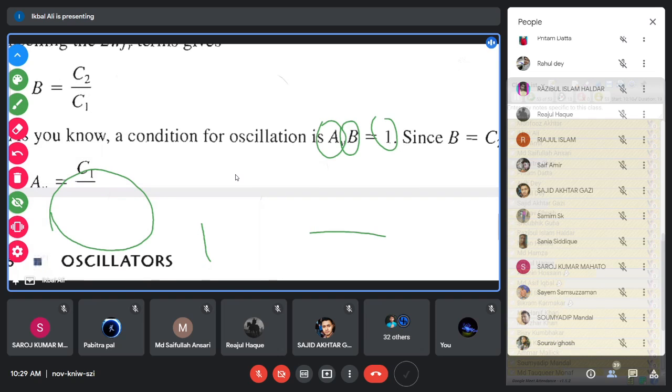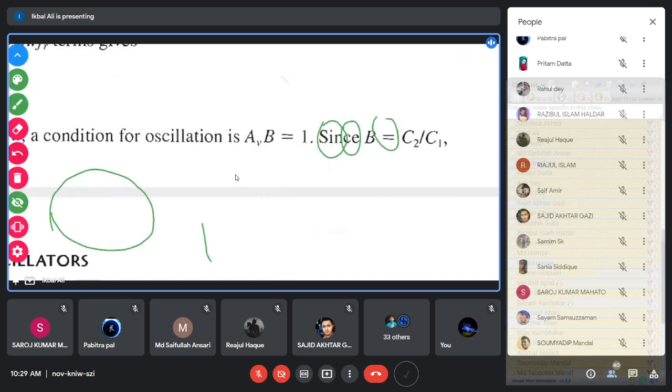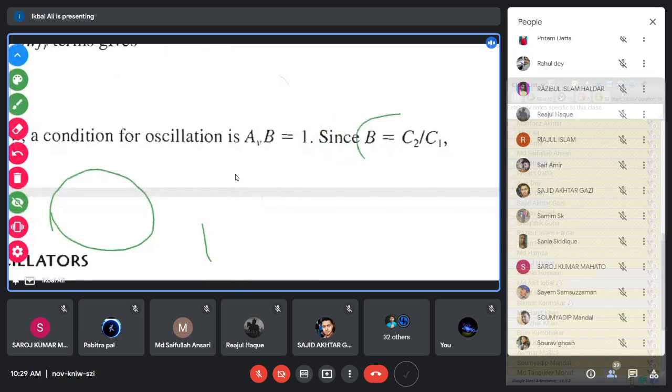But we have just calculated that beta equal to C2 by C1. Then what should be the value of A from this sustained oscillation condition? A should be C1 by C2.